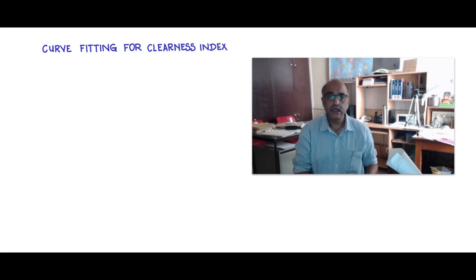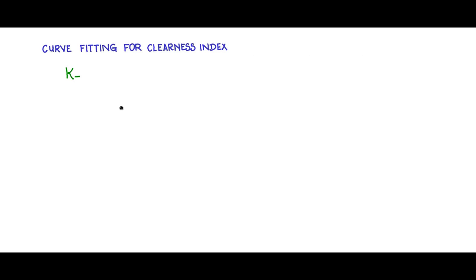Now to find the clearness index, let us first propose a model. KT is given by KT estimate plus the error. This is the KT estimate equation which we need to formulate now.